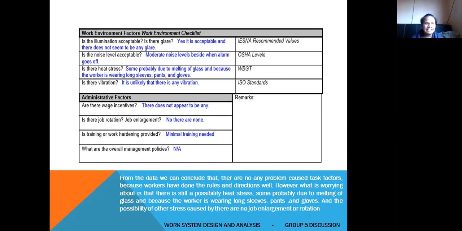So the heat stress makes the employee uncomfortable and sweaty, and the possibility of stress is caused by there being no job enlargement or rotation. So eventually we need job rotation, so the employee does not do monotone activity. It may cause stress like that.